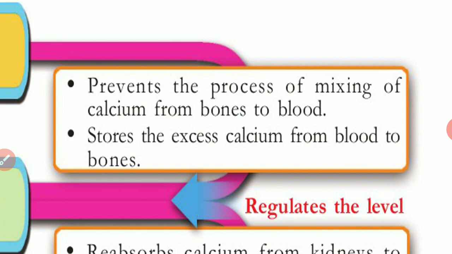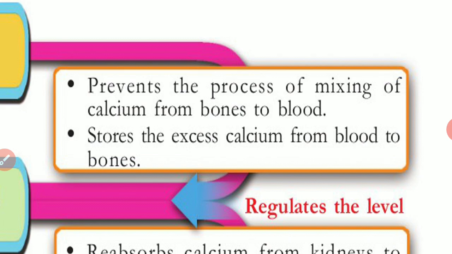Prevents the process of mixing of calcium from bones to blood. Normally, when the level of calcium is low in the blood, the body brings back calcium from bones. You know that bone is the storage of calcium.